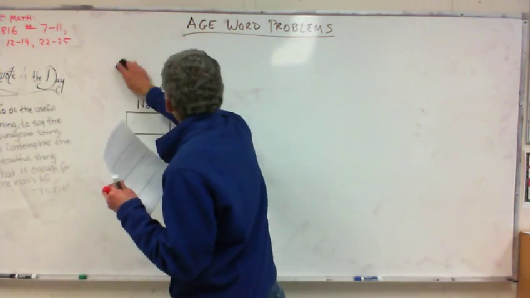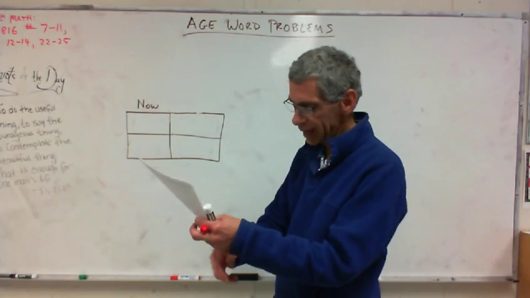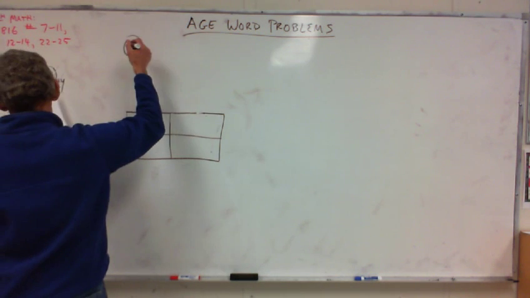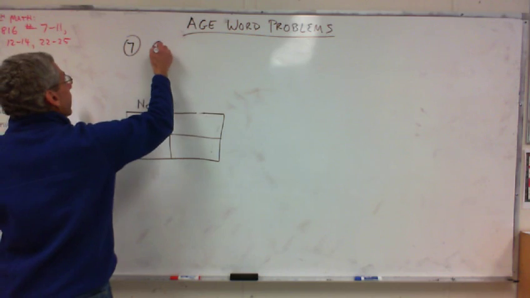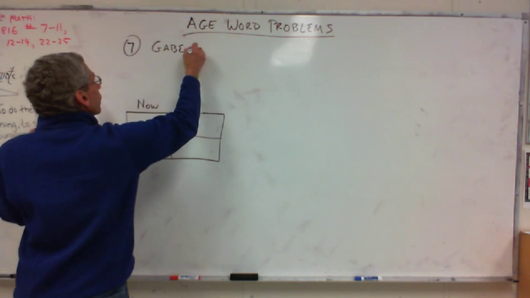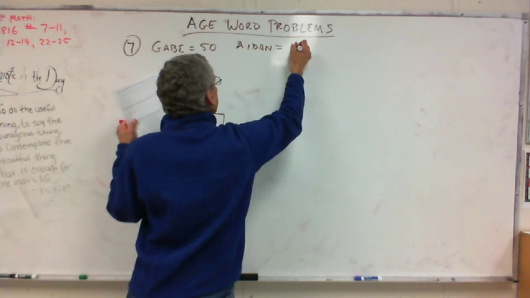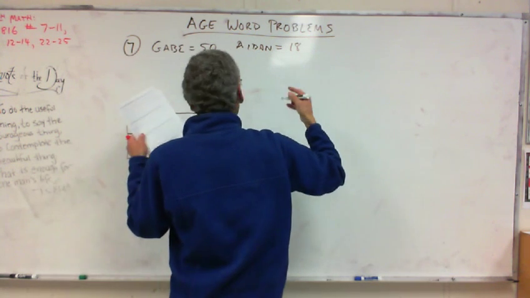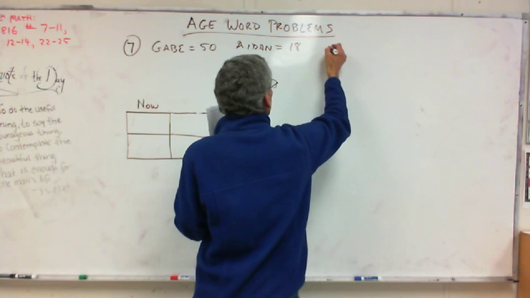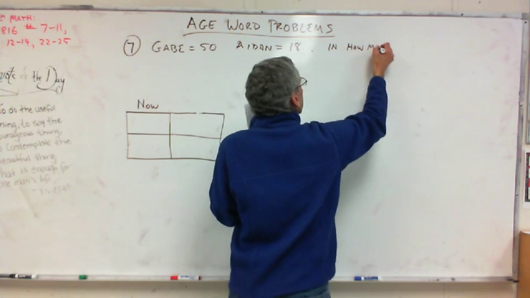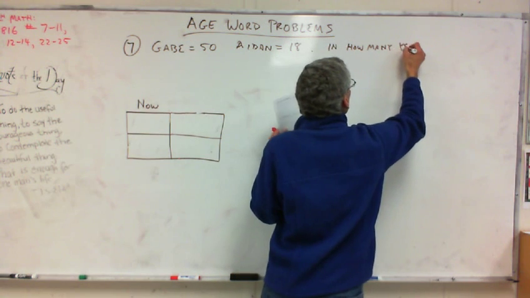So number 7, it says Gabe is 50 and his son is 18. Gabe is 50 and Aiden is 18. In how many years? Okay, this is critical. It says in how many years?